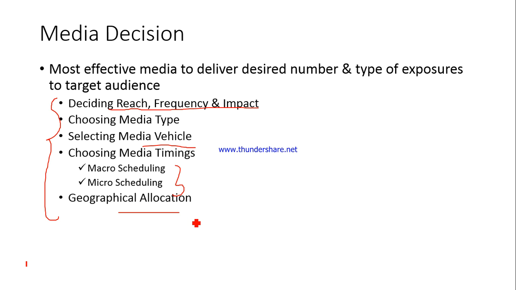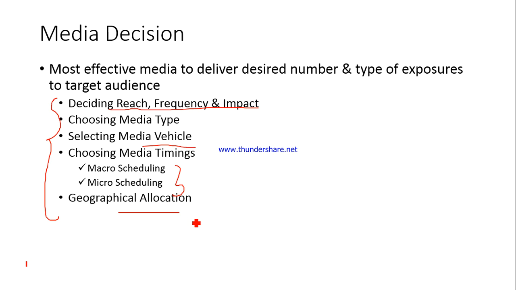What you will be doing is you will pick up ad space in different media concentrated in the northern part of the country. So that will be a slightly different approach, and that can be called spot advertising. So that is what we mean by geographical allocation. So that is something that we are going to discuss also in the coming sessions, right?